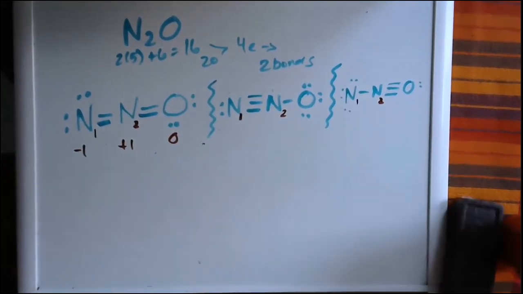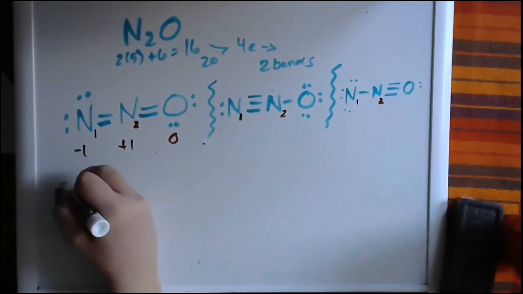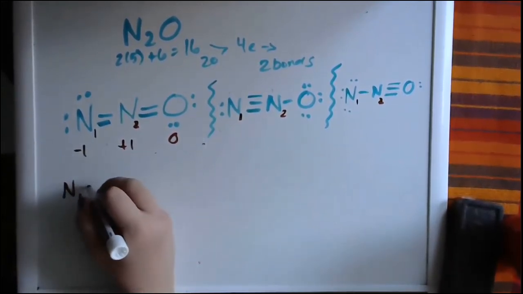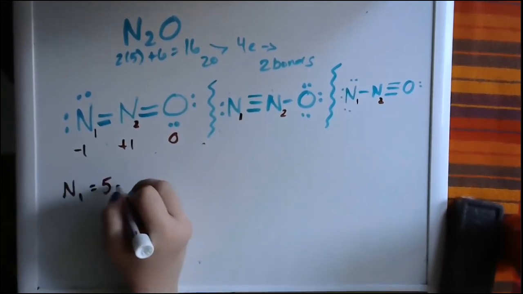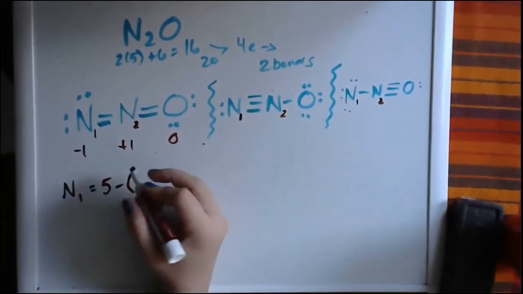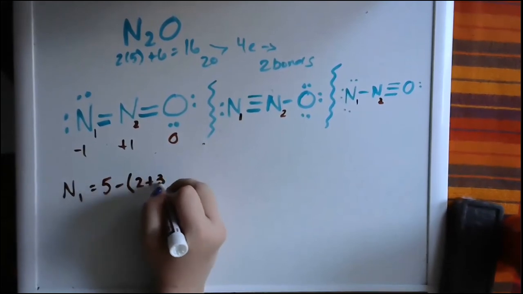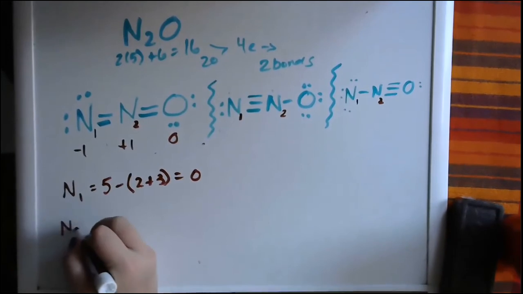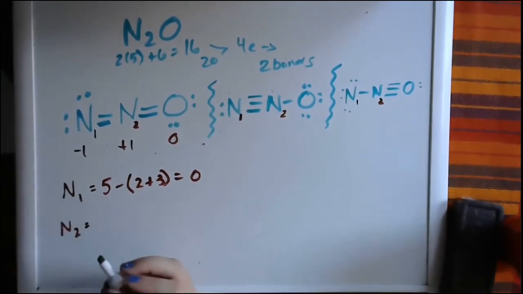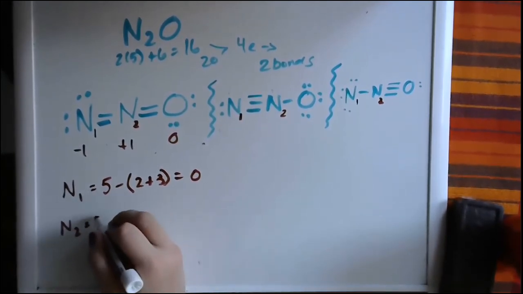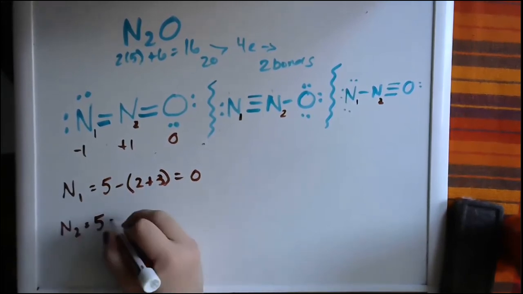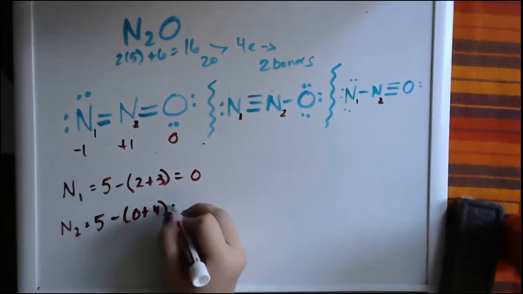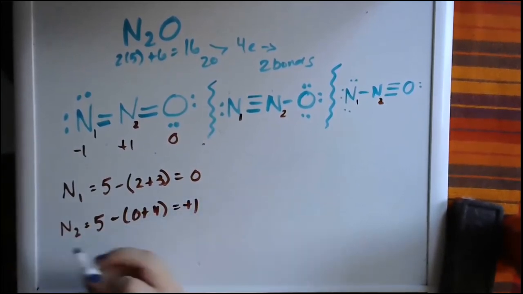Let's look at my second structure. So for N1, I have 5 valence minus 2 plus 3. So 5 minus 5 is 0. For N2, I have 5 valence minus 0 plus 4, positive 1.